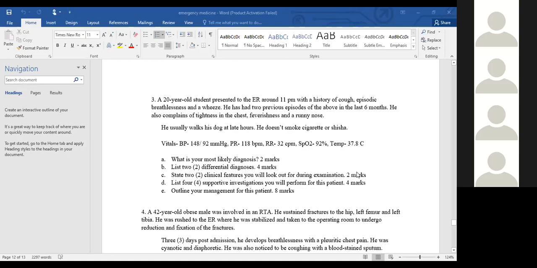most of the time I bring state 2 other clinical features. This time I didn't bring it. But most of the time you see state 2 other clinical features, so then it tells you that don't go and write what's in the question. But even if they don't bring it, because it's just 2, you can go ahead. If they tell you state 10 clinical features, then you list and you're tired, then you can go ahead and put what is in the question.